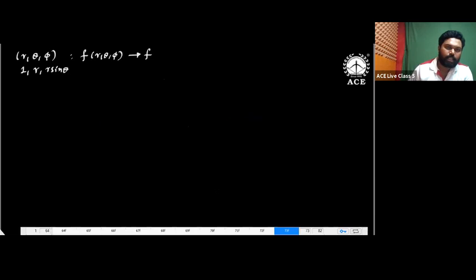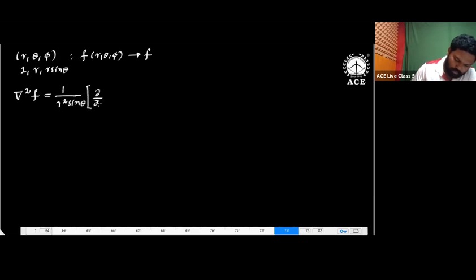So here, del square f is equal to 1 by r square sin theta, dou by dou r into r square sin theta dou f by dou r.